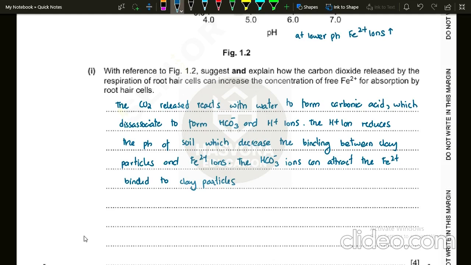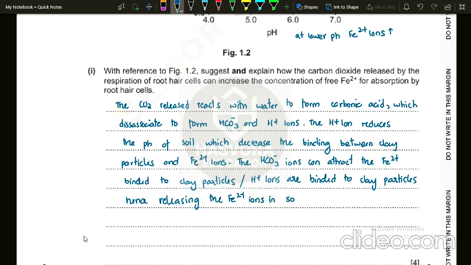So the ions can attract the Fe2+ bound to the clay particles, or you can also write that the H+ ions are bound to clay particles, because clay particles are negative, so they can bind to anything that is positive, hence releasing or setting free the Fe2+ ions in soil solution. So this will be your 4-mark answer for this question.